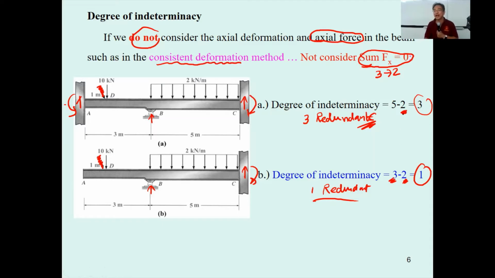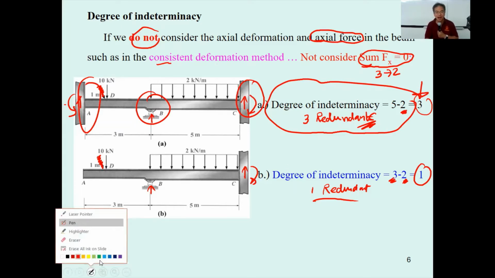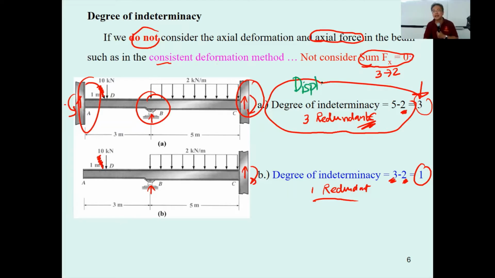I will show you later that this kind of beam that has a number of supports has a high degree of indeterminacy. This kind of structure can be solved by the displacement method easily.